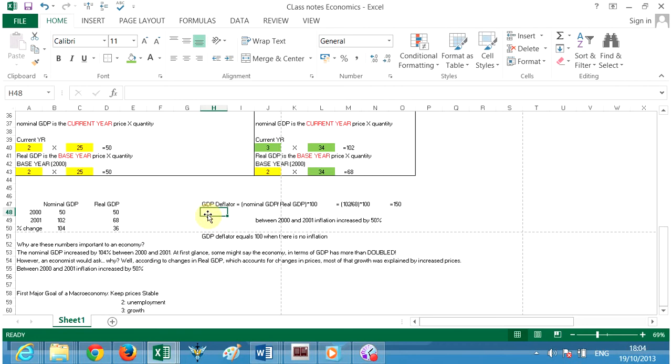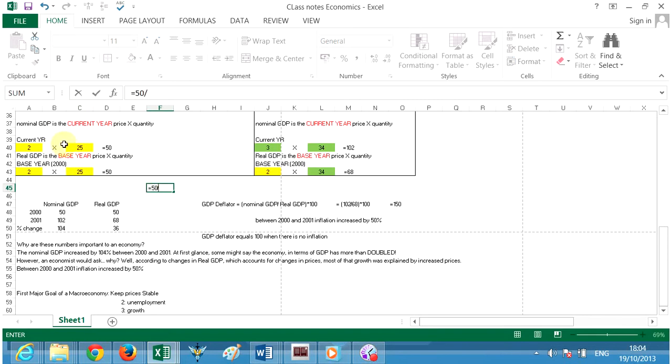So when we calculate this number, a GDP deflator equal to 100 means that there is no inflation. So we could do that by looking at the first year, the base year. Now, because it was the base year, there was no inflation. There was only 1 year that we were calculating. So very quickly, if I look at my nominal GDP of 50, and I divide by the real GDP in 2000, because it was the first year, there was no previous year.